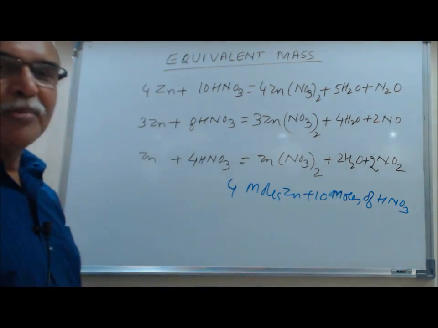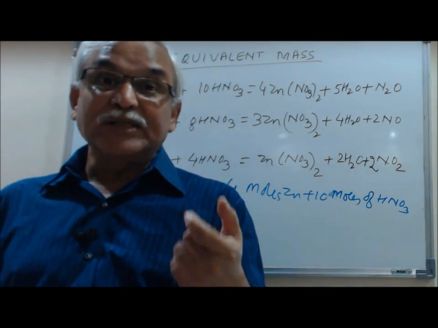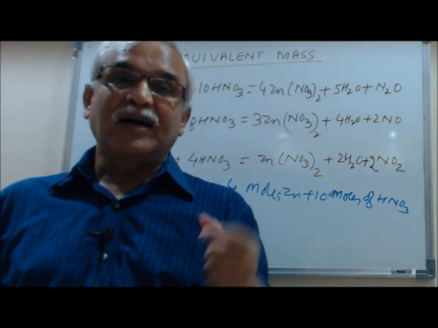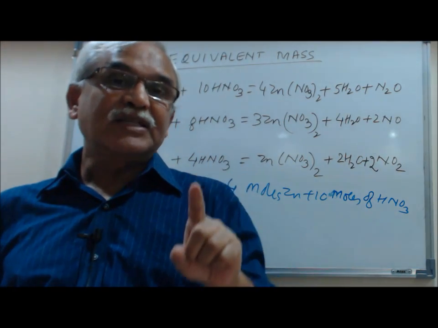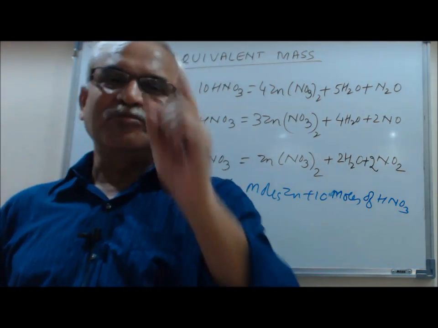So that leads to another problem: molecular mass also is not something where we can say that a given molecular mass of A will always react with the same molecular mass of B. Am I clear?